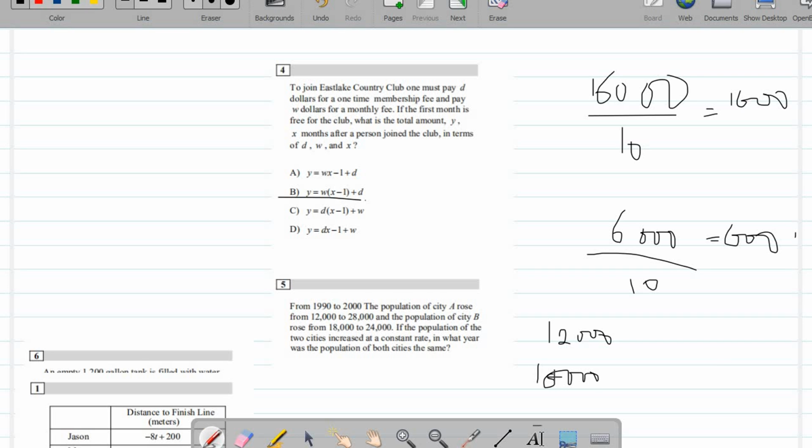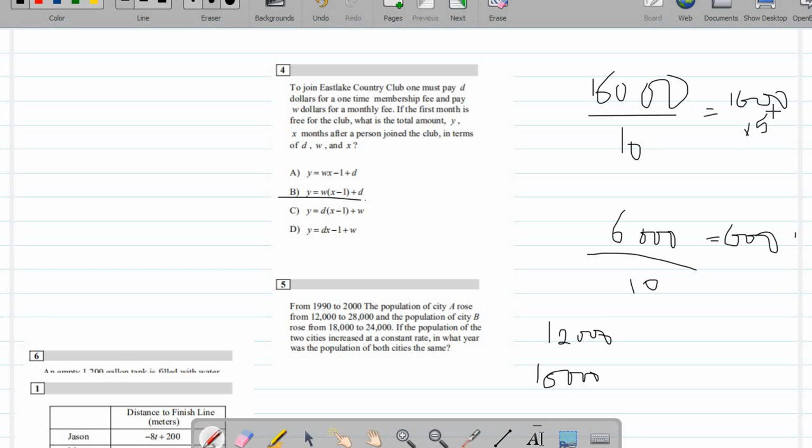Let's use this least one here, 18,000. The fastest way to get this is by just multiplying this by 5. Let's just go halfway into it.